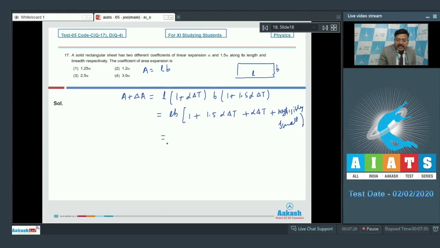So that means we can take the new area as LB into 1 plus 2.5 alpha delta T, and so the change in area delta A can be written as original area, which is LB, into 2.5 alpha delta T. Then we can equate this to A into the coefficient of area expansion beta into delta T, and by this comparison we get the value of beta as 2.5 alpha.